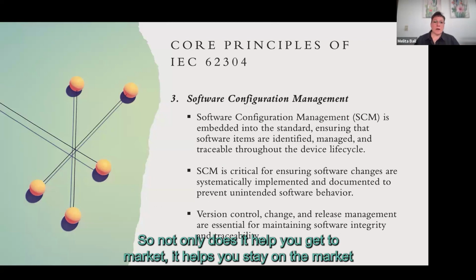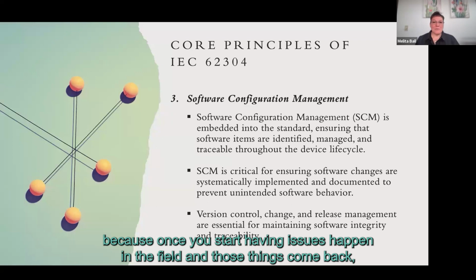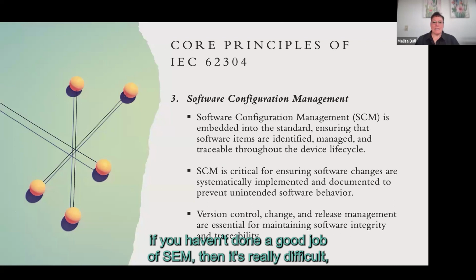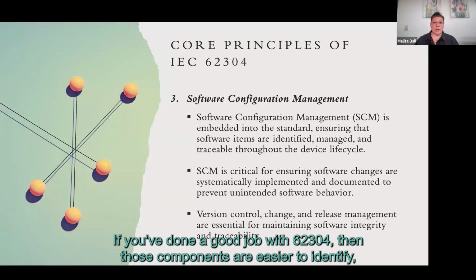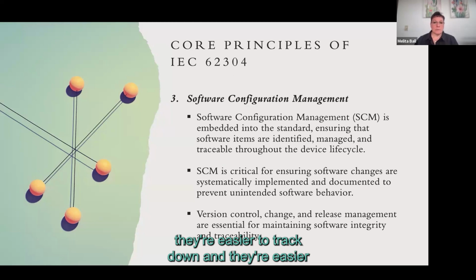So not only does it help you get to market, it helps you stay on the market, because once you start having issues happen in the field and those things come back, if you haven't done a good job of SCM, then it's really difficult, especially in software, to track down the root cause and to eliminate that root cause. If you've done a good job with 62304, then those components are easier to identify, they're easier to track down, and it's easier to eliminate the root cause of the problem.